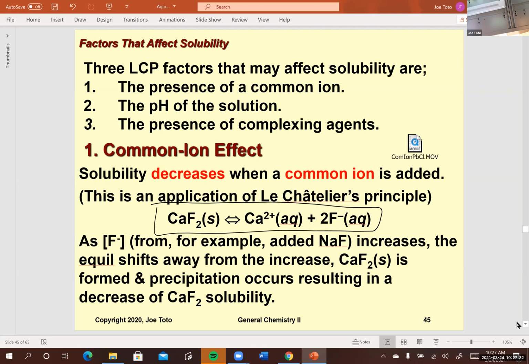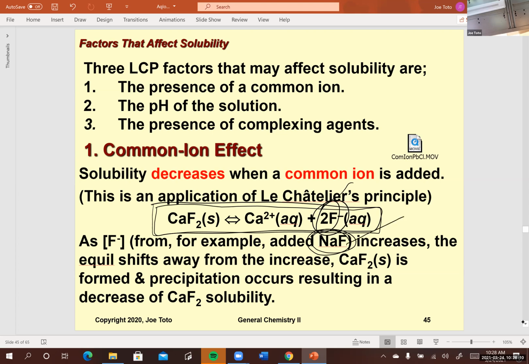And it says here, I'm going to add in some NaF to this. What's going to happen according to Le Chatelier's principle? This is at equilibrium, this reaction here, and I add in some sodium fluoride. What happens? It shifts to the left. Why? Because you're adding more of the reactants. No, that's a product. You're right, product.